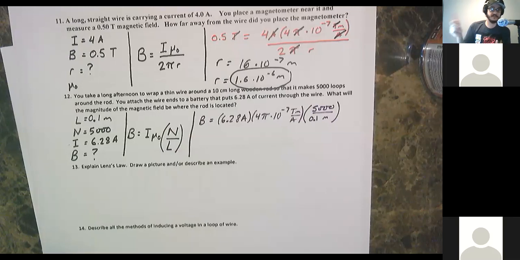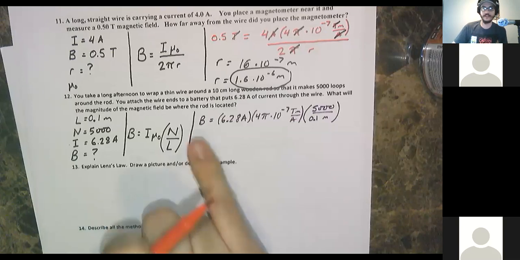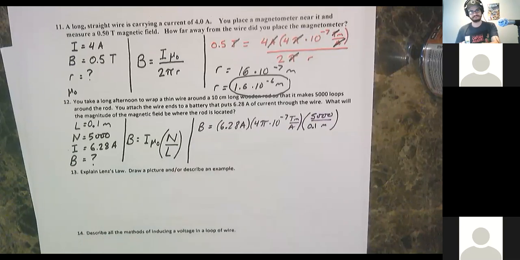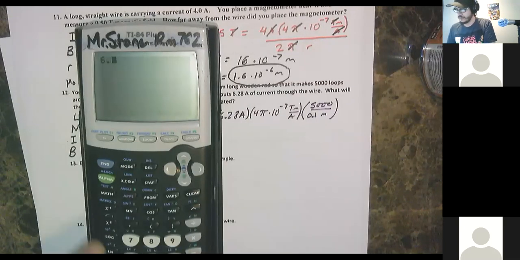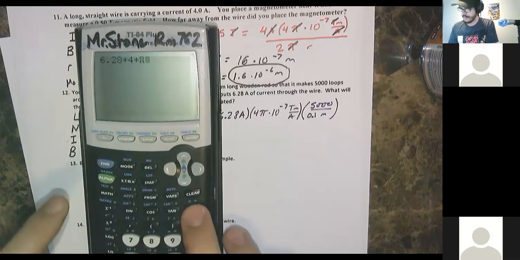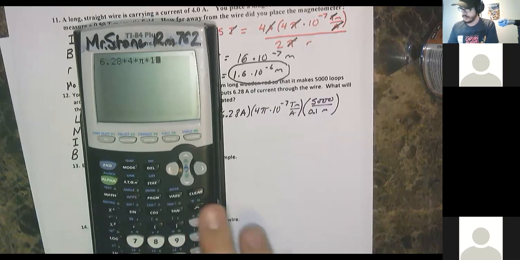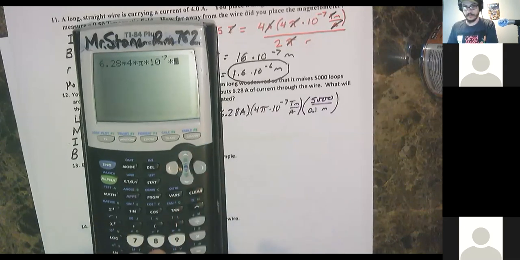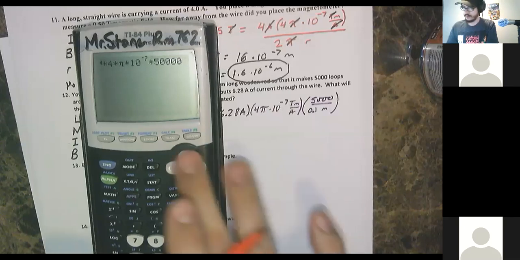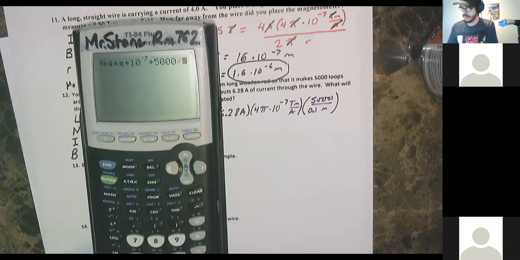You can go ahead and feel free to put that into your calculator as is, because we've already got it set up to solve for B. So 6.28 times 4 times pi times 10 to the negative 7 times 5,000 divided by 0.1.